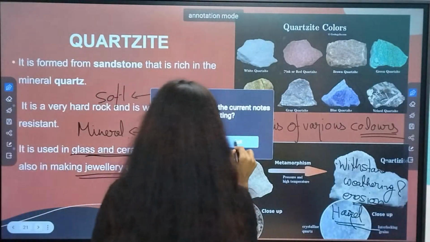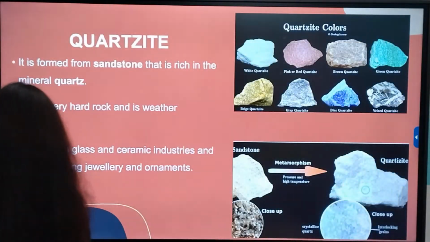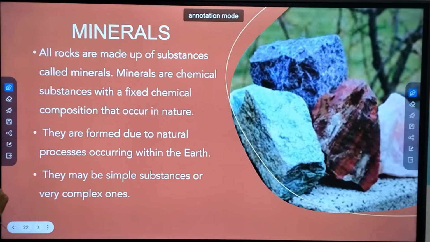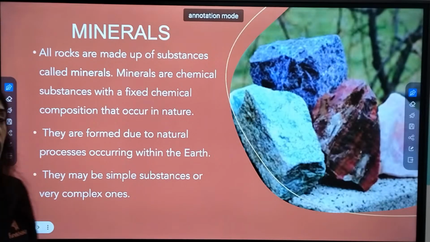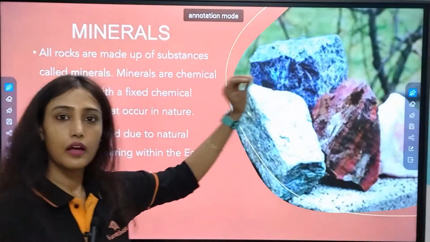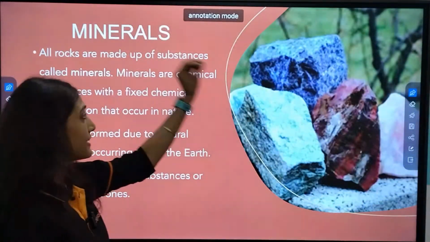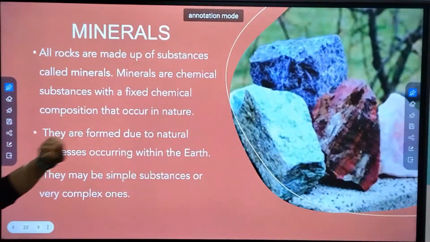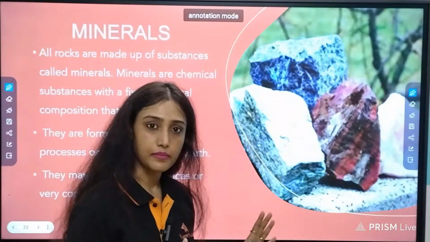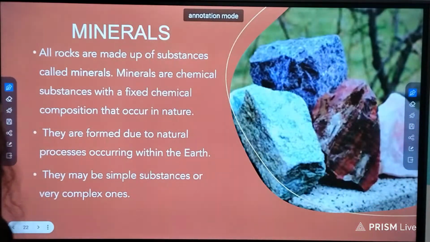So, your rocks are complete. Now comes minerals. Now you know that any kind of rock contains a substance that is known as mineral. So this mineral is useful for all living organisms, right? So let us read.